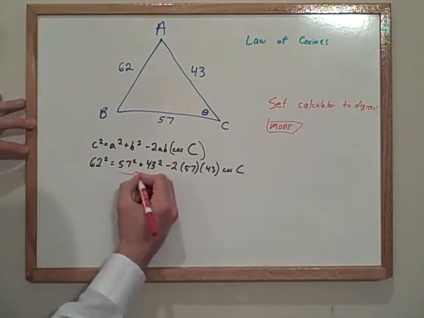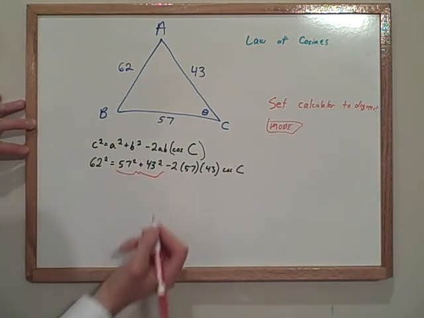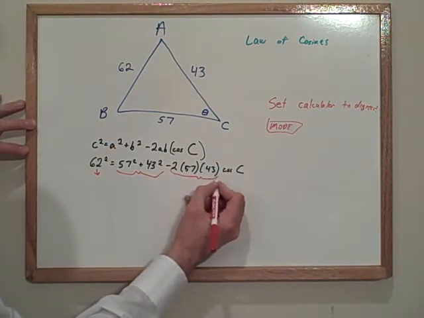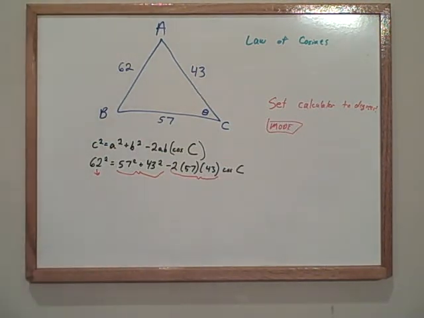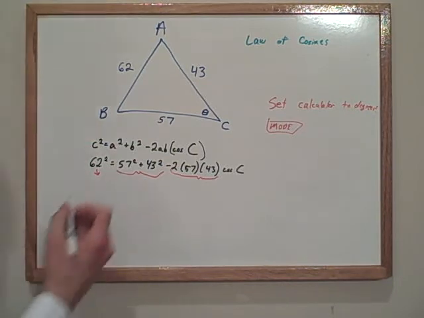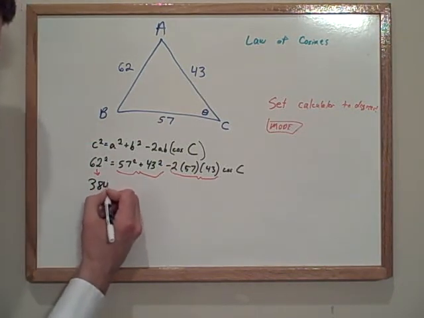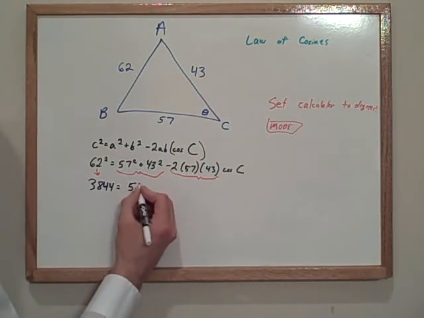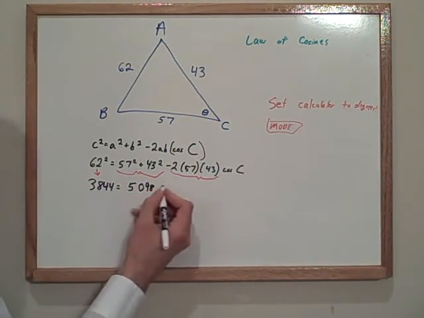However, these two just being regular numbers that are squared, those are like terms. We can also find out what that is. And we can find out what that is, and when we're done finding it out, we'll put a cosine C with it. So let's type some stuff in the calculator. 62 squared is 3844. 3844 equals, we'll go ahead and put those two together. 57 squared plus 43 squared is 5,098.